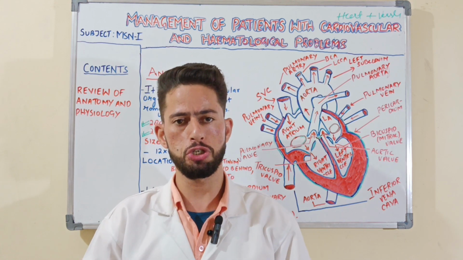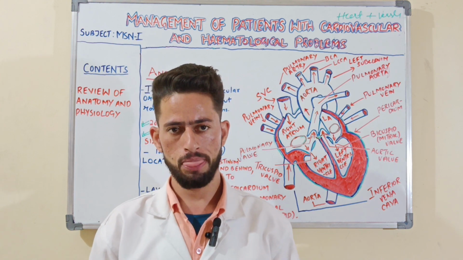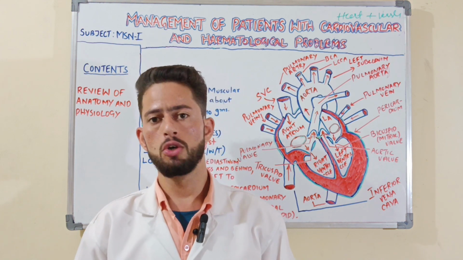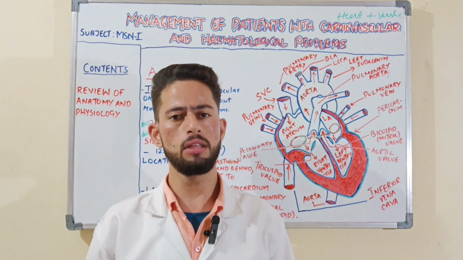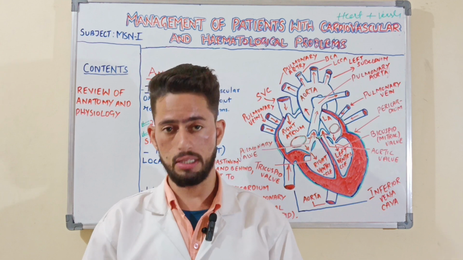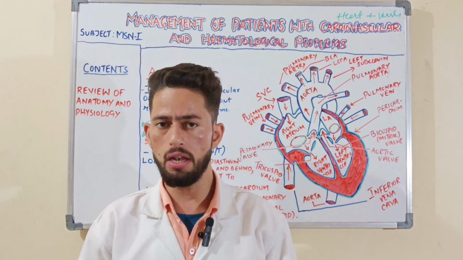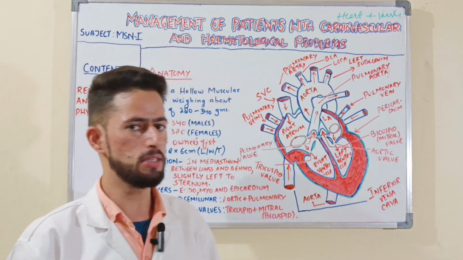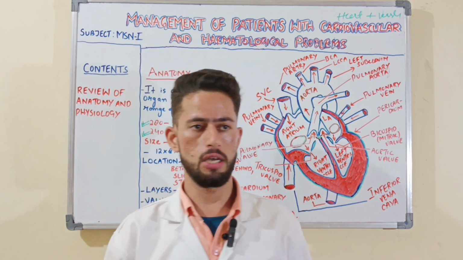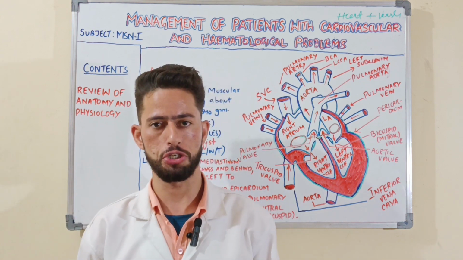What is pulmonary circulation? When the heart receives blood from different parts of the body and sends this blood to the lungs for oxygenation, that process is known as pulmonary circulation. The blood is taken by the pulmonary arteries and supplied to the lungs for oxygenation.